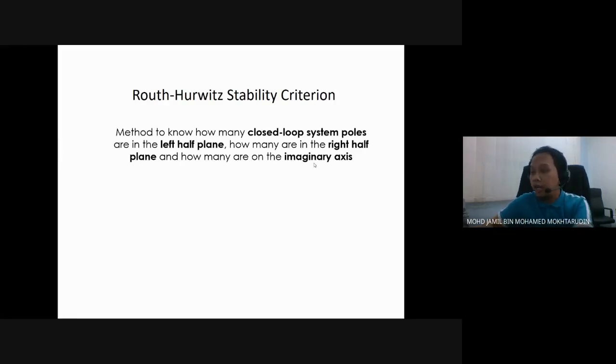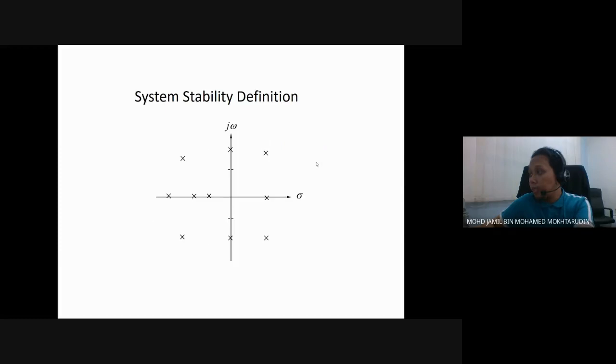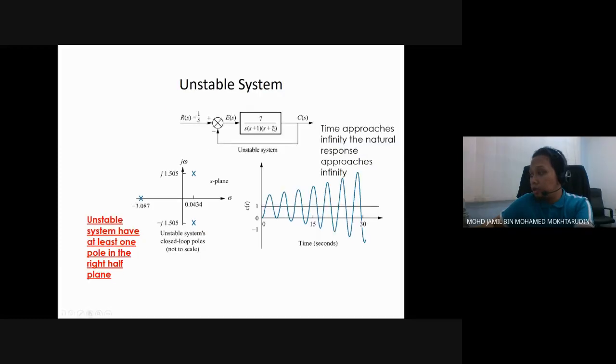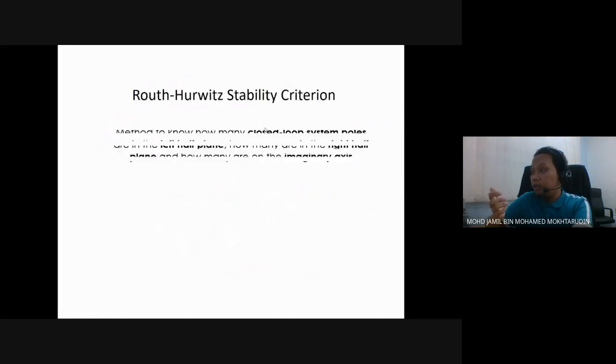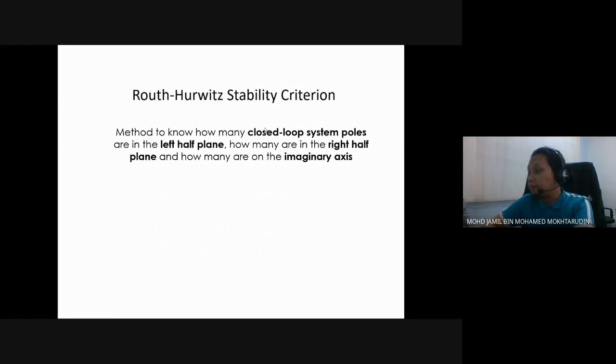In the example that I gave you just now, the transfer function was already factorized. So what happens if the denominator is very long or very difficult to factorize? You can use the Hurwitz criteria without having to factorize your denominator.